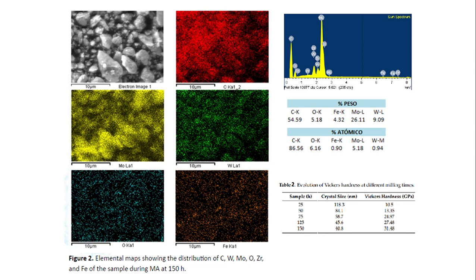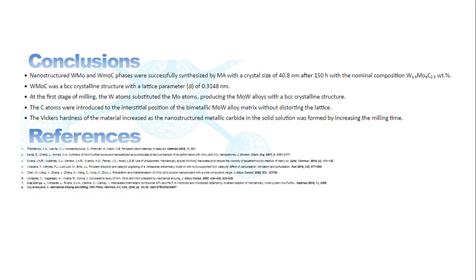In conclusion, nanostructure tungsten molybdenum and tungsten molybdenum carbide phases were successfully synthesized by mechanical alloying. Tungsten molybdenum carbide was a BCC crystalline structure with a lattice parameter of 0.3148 nanometers.